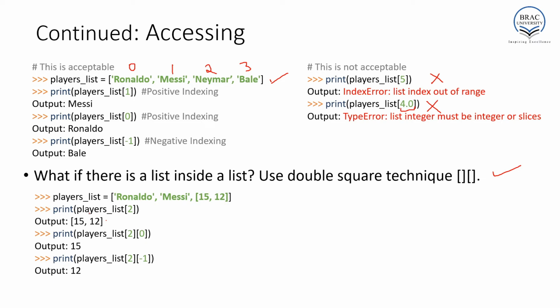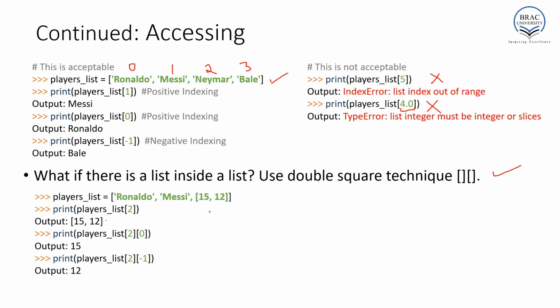I would have to write the name of the list, which is players list, and inside the square bracket I would have to write 0 if I wanted to access and get the element in the first location or the 0th index. So players list square bracket 0 would have given me Ronaldo. If I wanted to extract the second element of the list, I would have to write players list square bracket 1. And similarly, if I want to get the third element of the players list, I will have to write players list square bracket 2.